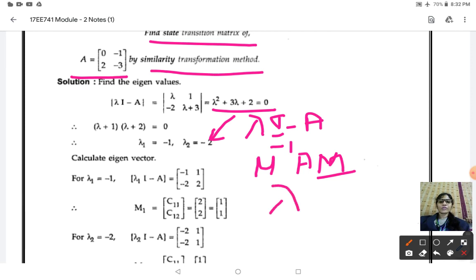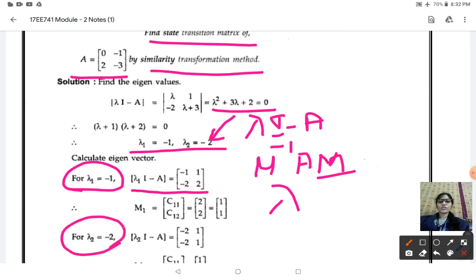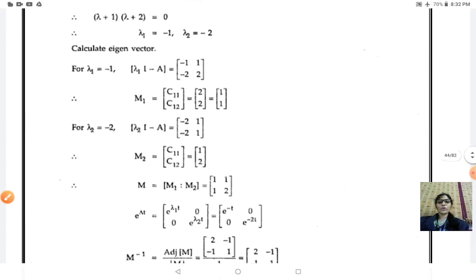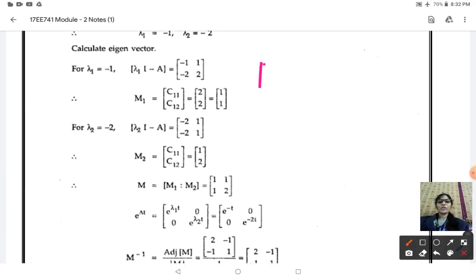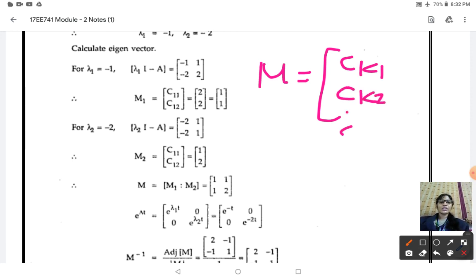The solution of the eigenvector is obtained from the eigenvalues. Since you have identified two eigenvalues, at lambda 1 is equal to minus 1, identify your lambda I minus A. Same thing, at lambda 2 is equal to minus 2, identify your lambda I minus A. From this, you all know how to identify your modal matrix. The modal matrix formula is going to be CK1, CK2, and it goes on till CKN.